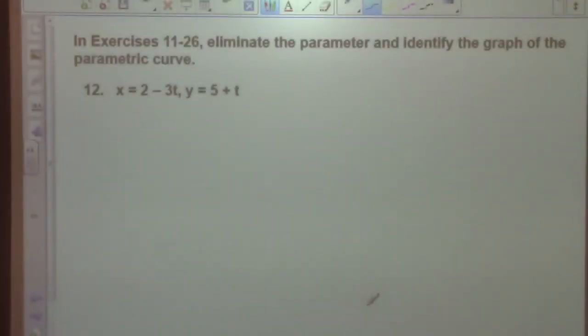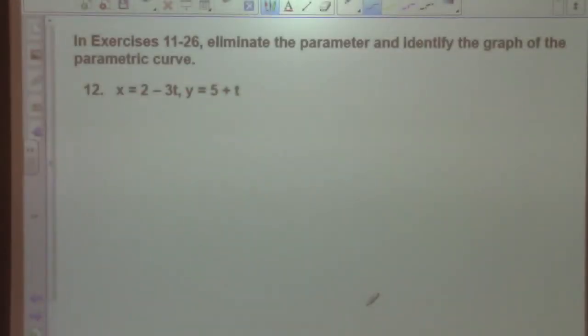Let's see if I can look for some helpers on this one. My spinning wheel here. Okay.